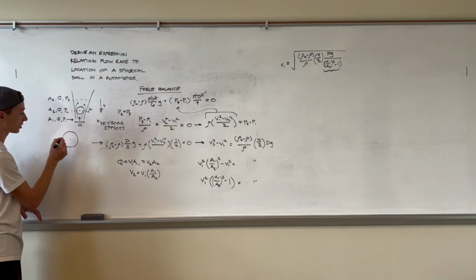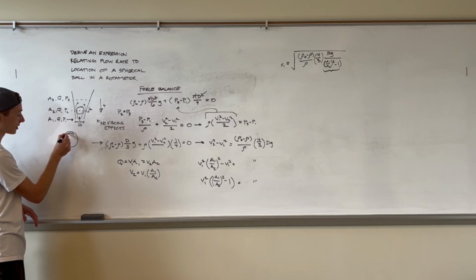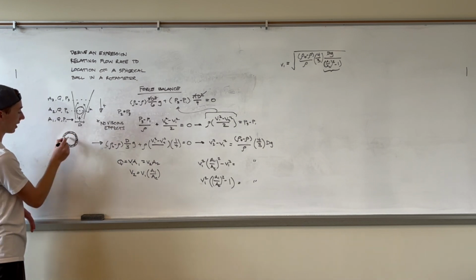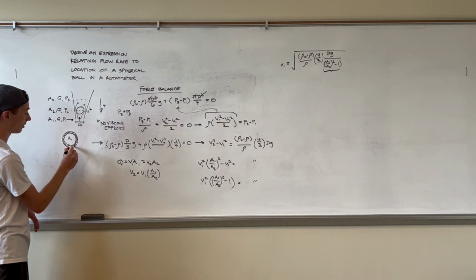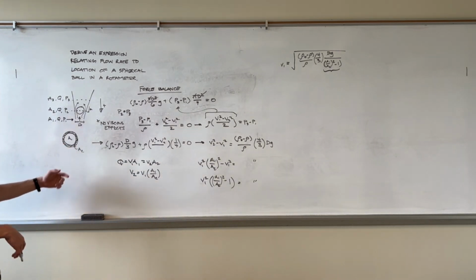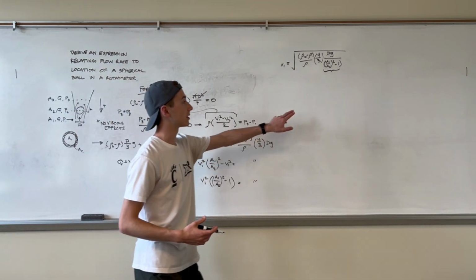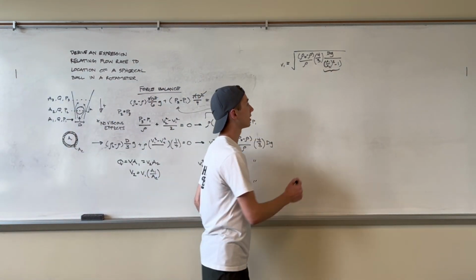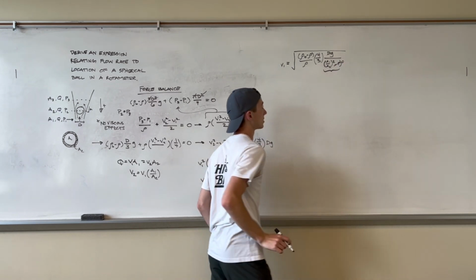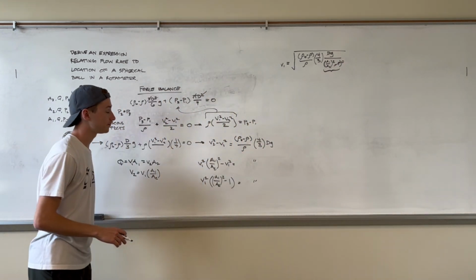So if this is a cross-section right there, and then you have the ball sitting right here, the area that the air can travel through, A2, is only about this big as compared to area 1. So this is area 1, this is area 2. So area 1 over area 2 squared is a very large number in comparison to this 1. So what we can do here is actually just ignore this 1. Okay? We're going to assume that's just a 0 there. Don't need to worry about it.